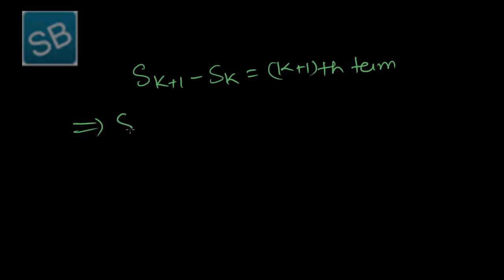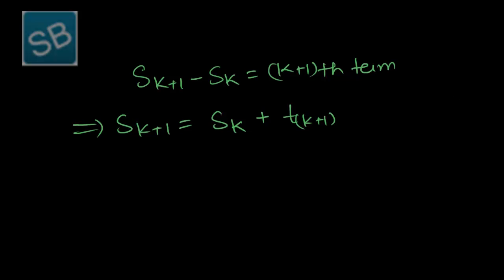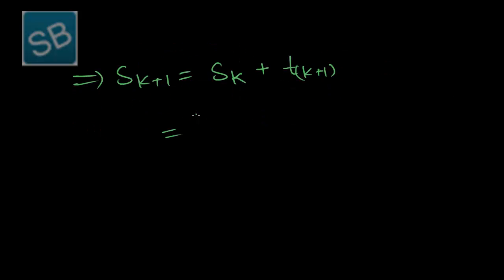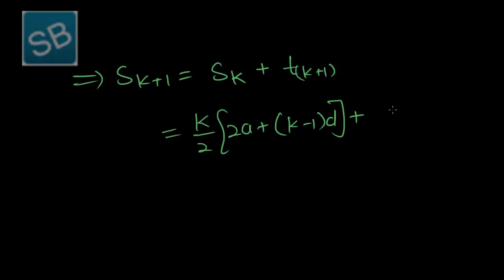As we know that S(k plus 1) minus S(k) is equal to the (k plus 1)th term. That is, S(k plus 1) is equal to S(k) plus the (k plus 1)th term of the sequence. So S(k) is true, we put the value of S(k), that is k by 2, (2a plus (k minus 1)d), and the (k plus 1)th term is a plus (k plus 1 minus 1)d.